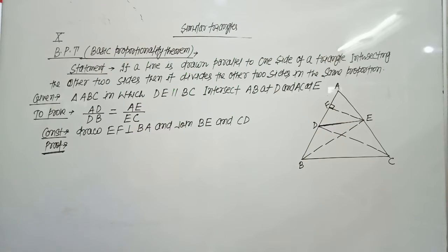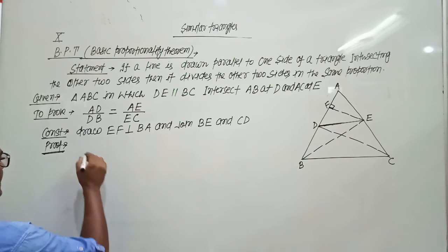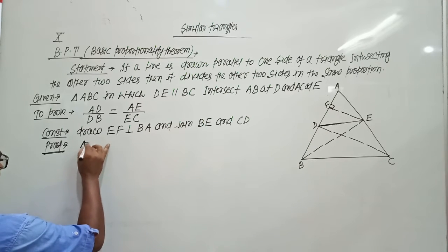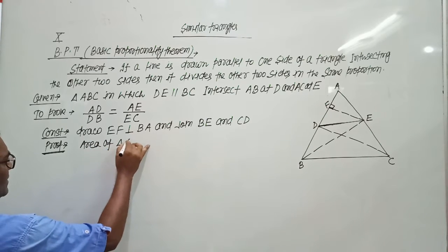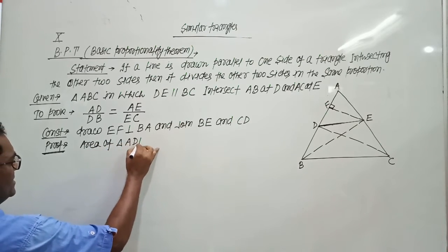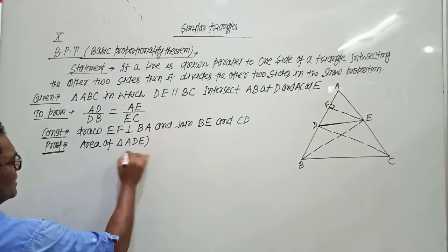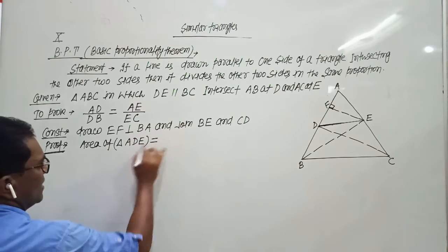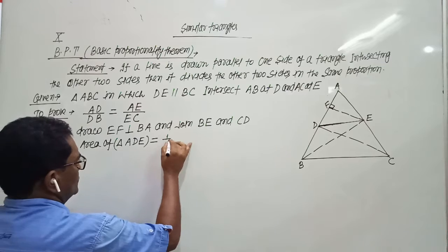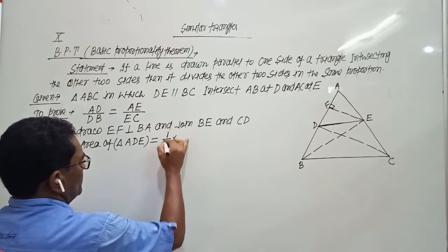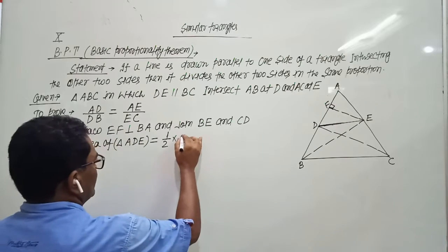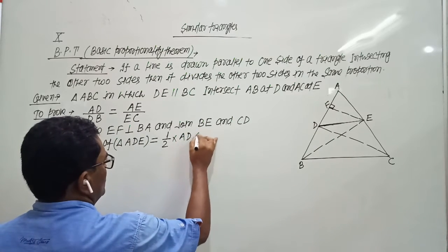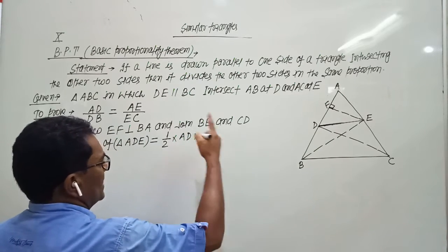So we find the area of triangle ADE. Area of triangle ADE equals half into base into height. Base is AD, so half into AD into perpendicular.